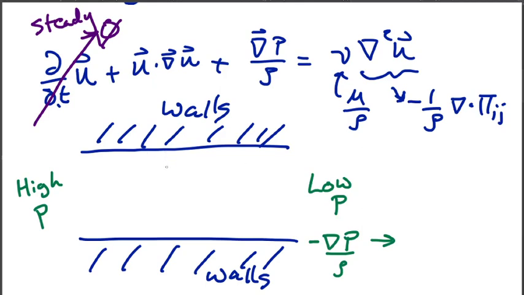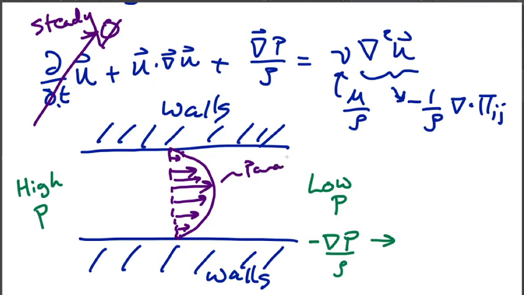Well, what do I know? I know that I'm going to have no velocity right at the walls. I'm going to have more velocity as I get away from the walls, and this is a characteristic of viscous flow near boundaries. And I know that the shape of this is going to be curved, a parabola with max at mid-channel.